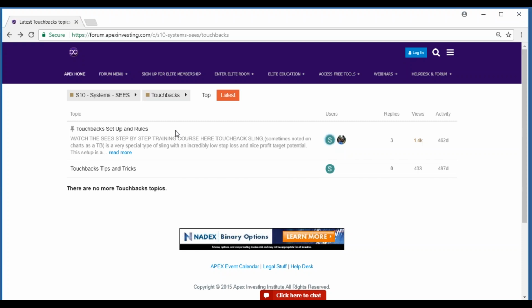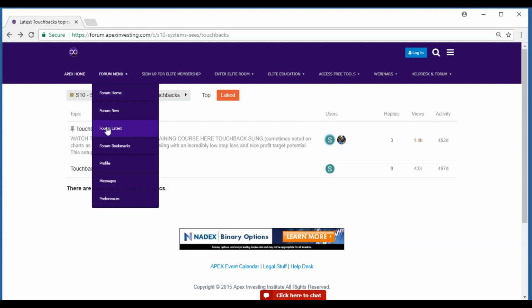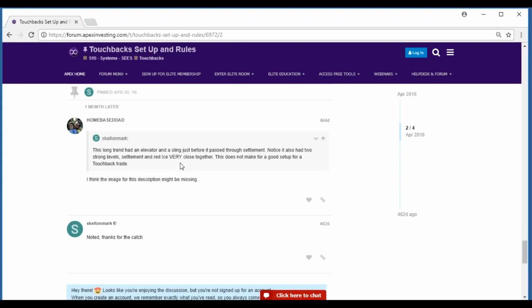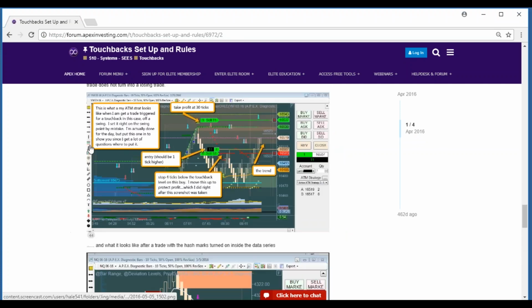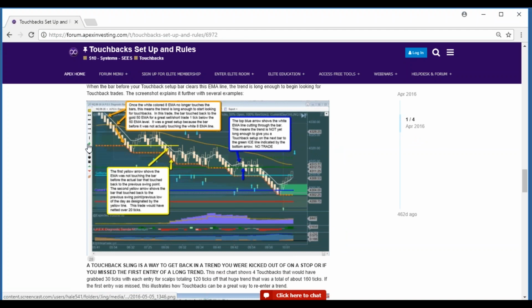Chris, we don't use the touchbacks for Nadex except for scalping binaries. Okay. We use a lot of these other setups for Nadex, but you know, how do you do that 1 tick below? Well, it's just whenever the market gets there, you place your order on Nadex.